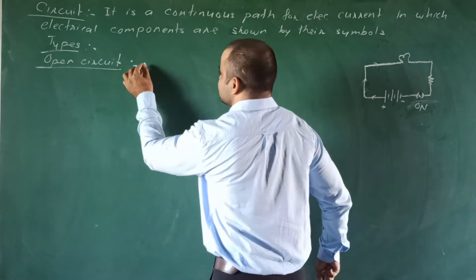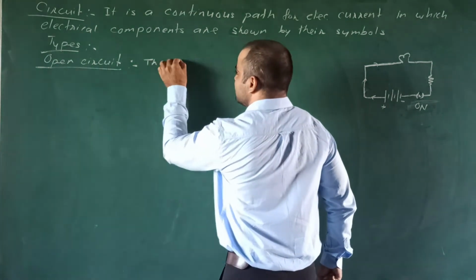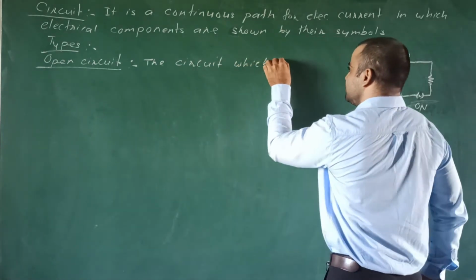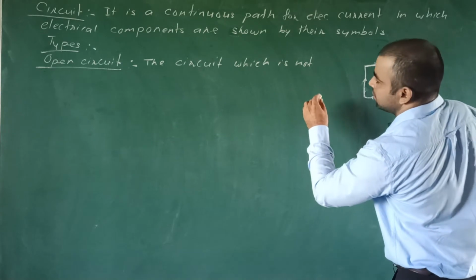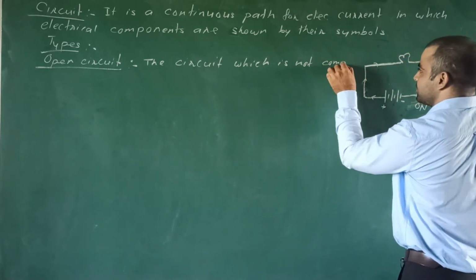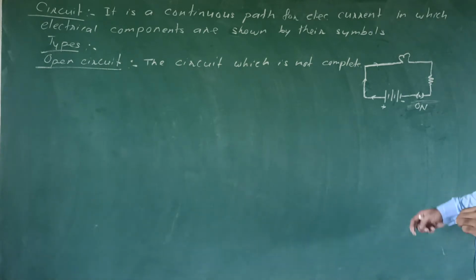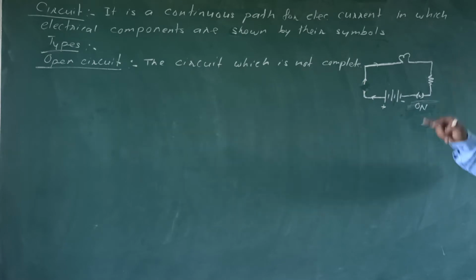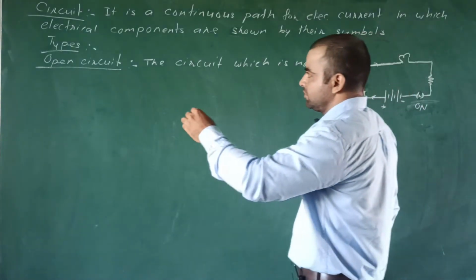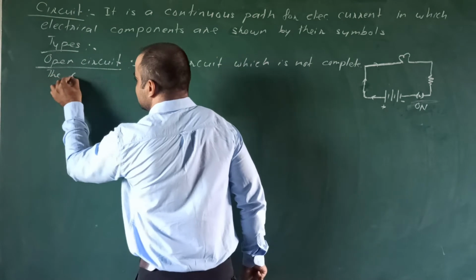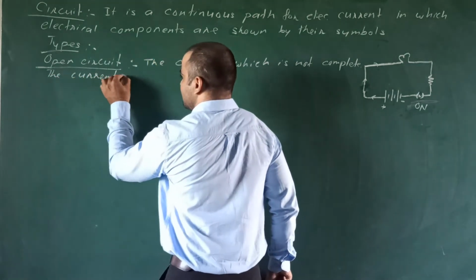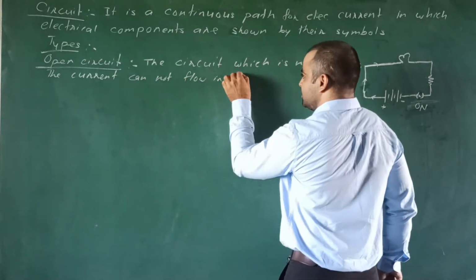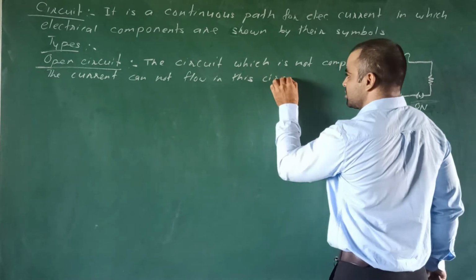So what is an open circuit? The circuit which is not complete, that is broken from any point. The current cannot flow in this circuit.